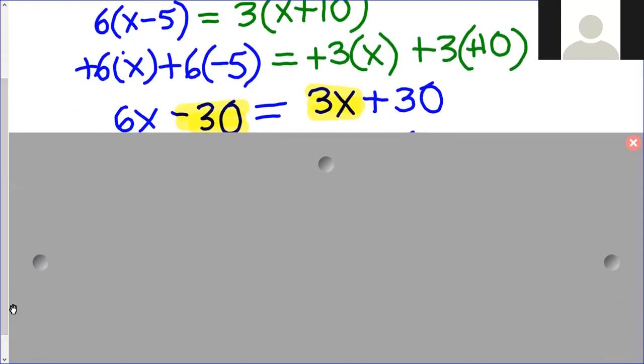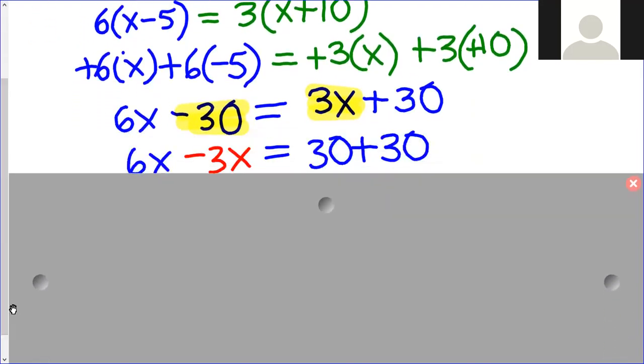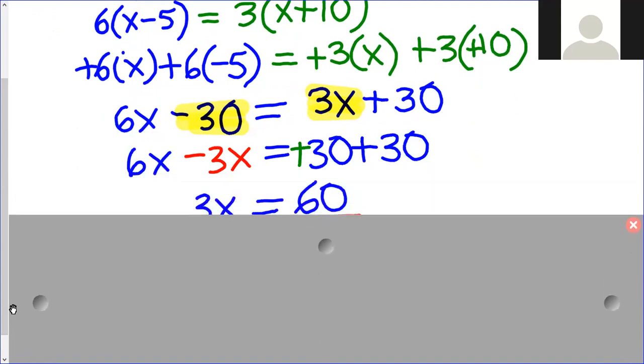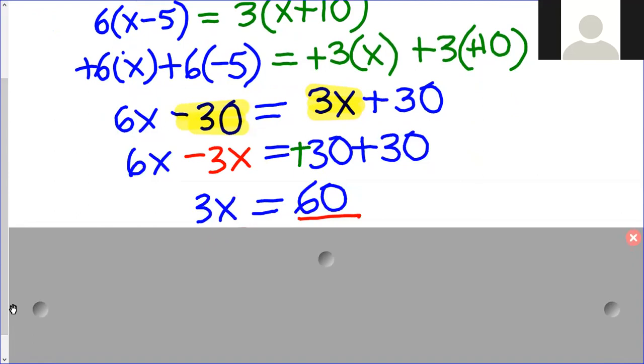You have to remember after executing the distributive property, the -30 moves over to the other side. It becomes +30. The 3x moves over to the other side. It becomes -3x. Then we have to collect like terms and isolate the x.